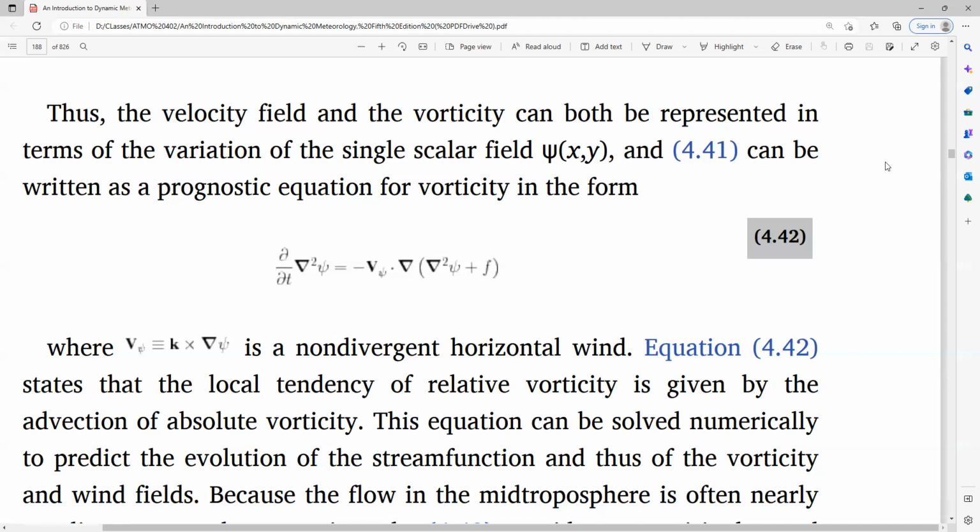So the geostrophic wind is important. That can affect geostrophic balance.